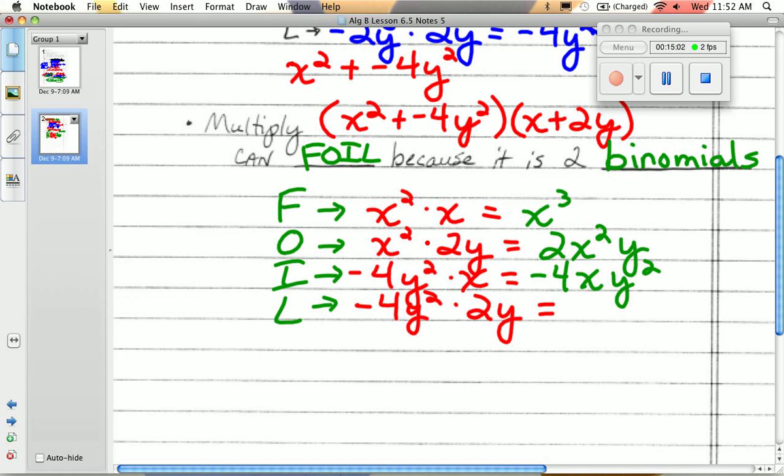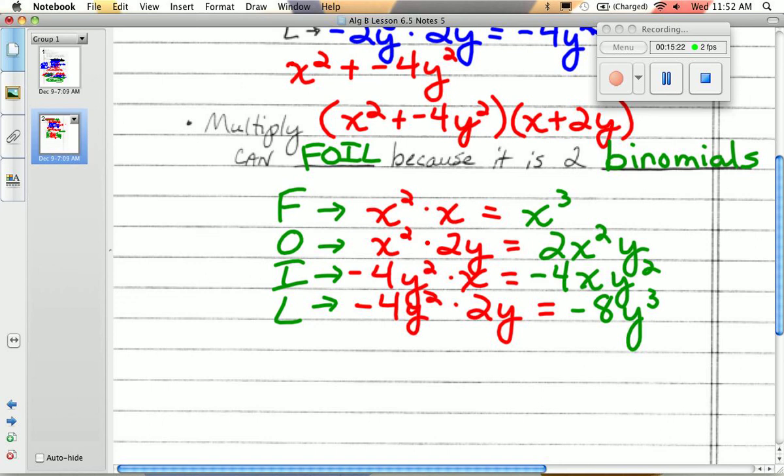Alphabetical order, no constants first, all the algebra. Negative 4y squared times 2y is negative 8y cubed, negative 8y to the third power. It worked out, because y squared times y. Golden.